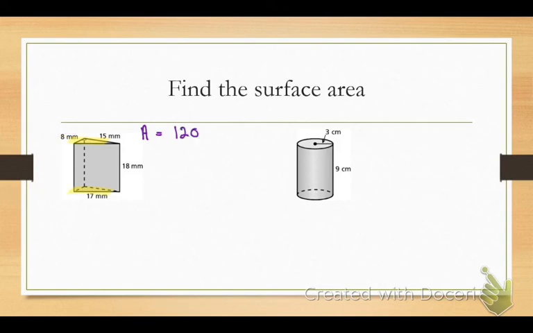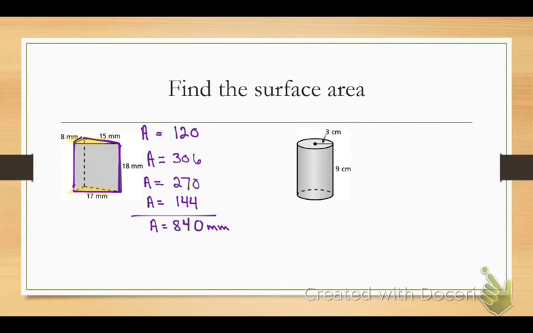So that was the area of both of my triangular bases. Then I found each lateral face. 18 times 17, 18 times 15, and 8 times 18. And then I add them all together, each face, to get 840 millimeters squared.